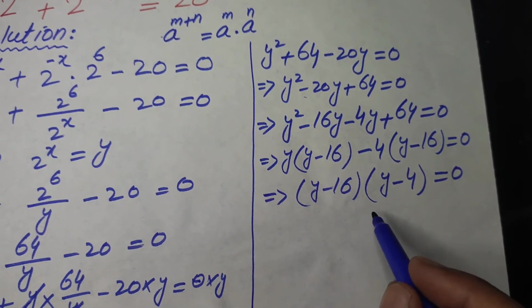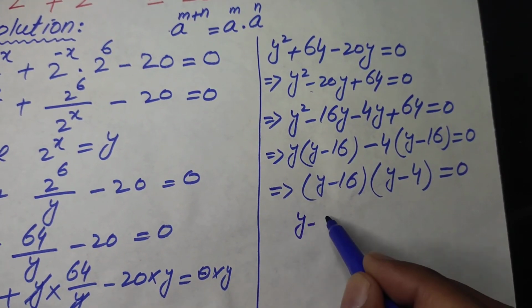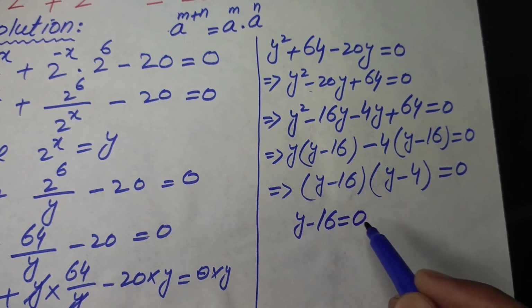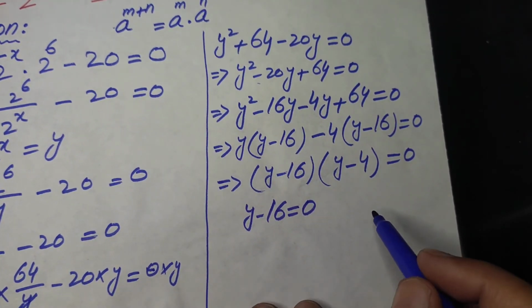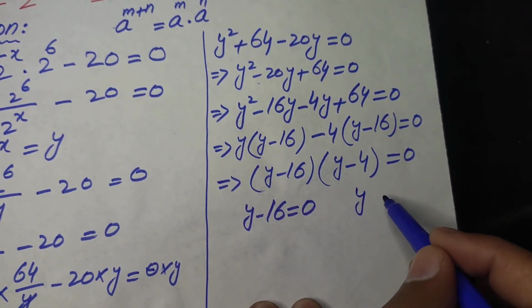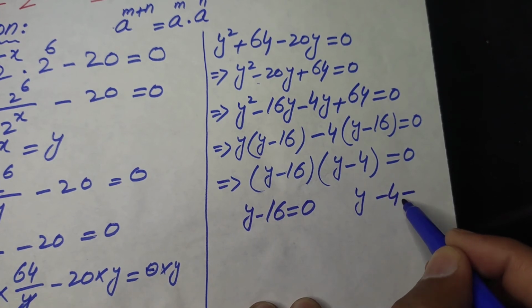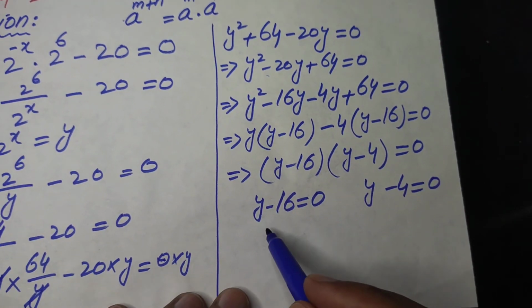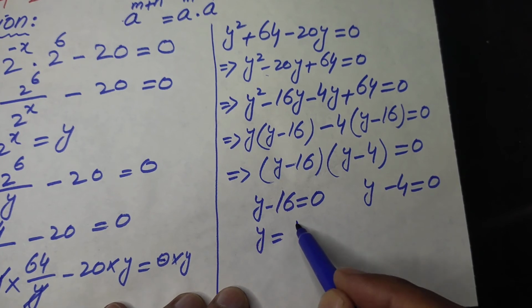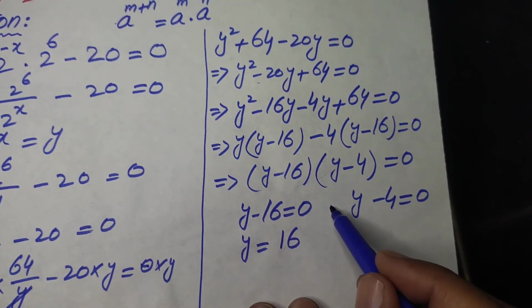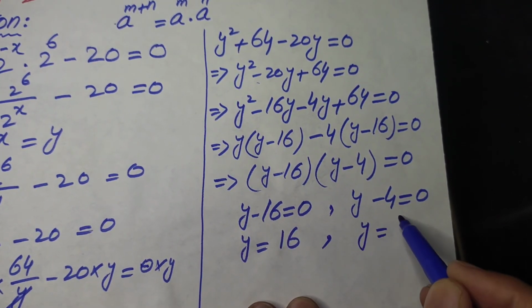And after that we set each factor equal to 0, and here we obtain y is equal to 16, and here we obtain y is equal to 4.